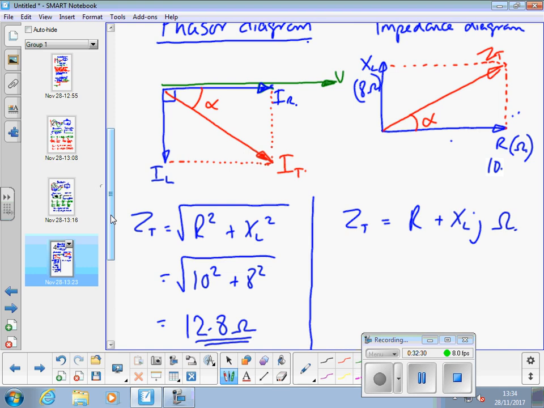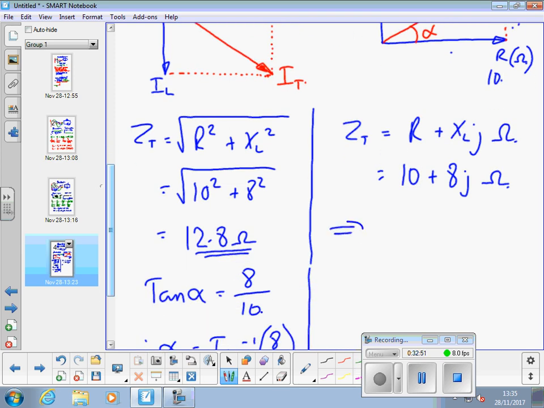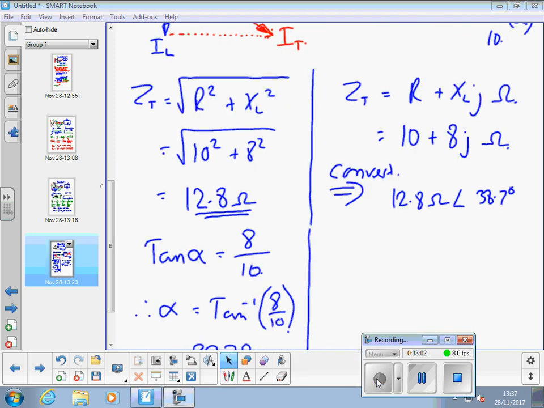We can immediately say that is R, 10 ohms, plus 8, the value of XL, that's a J, ohms, in rectangular arithmetic. Then convert using your calculator. Remember how to do that? So, rectangular looks quicker in this case.